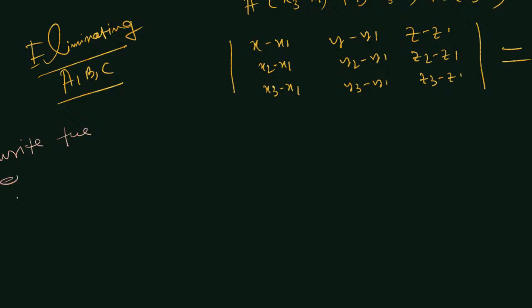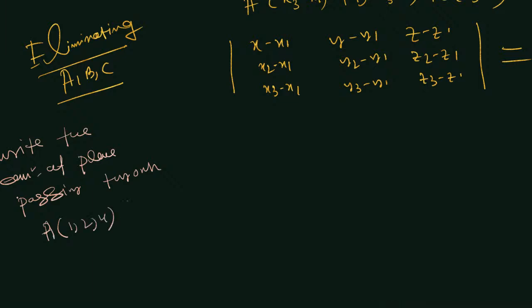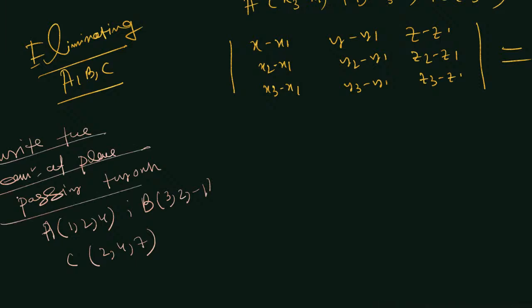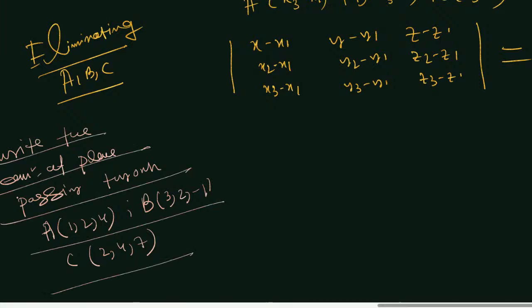Write the equation of plane passing through the points A (1, 2, 4), B (3, 2, minus 1), C (2, 4, 7). Passing through these 3 points.